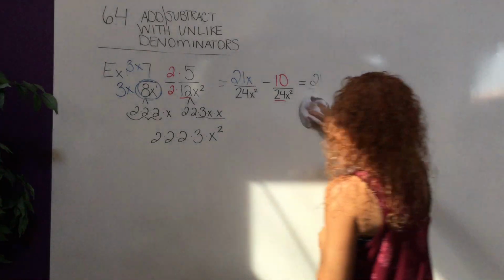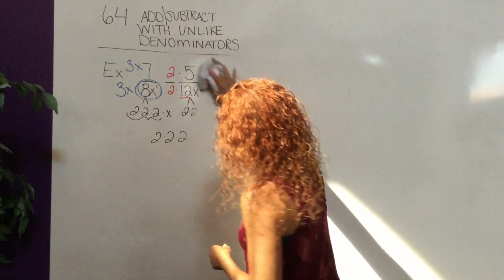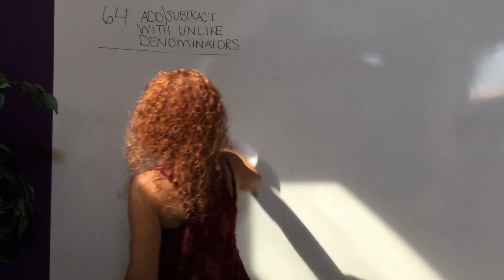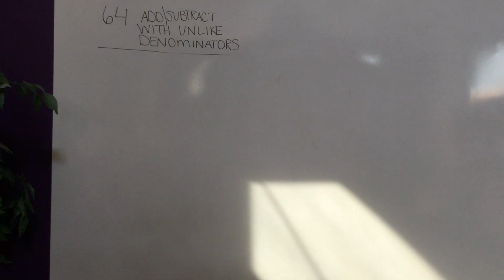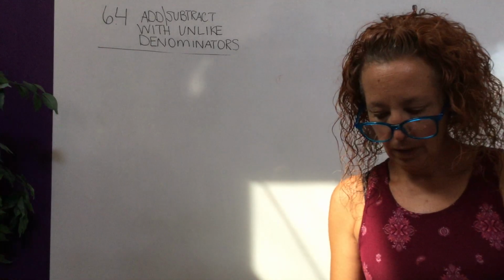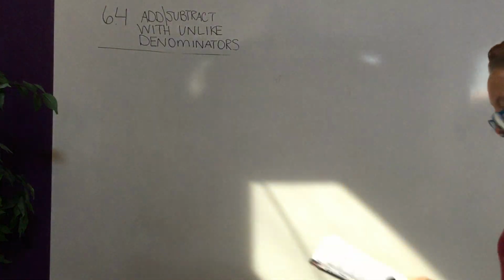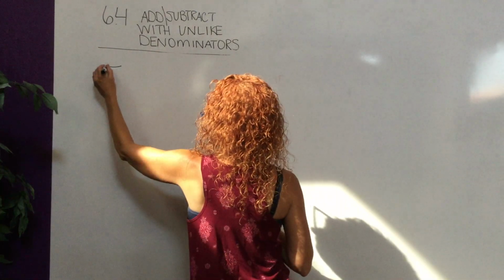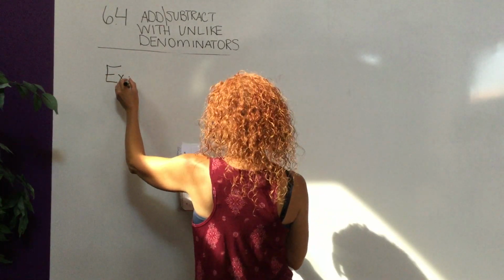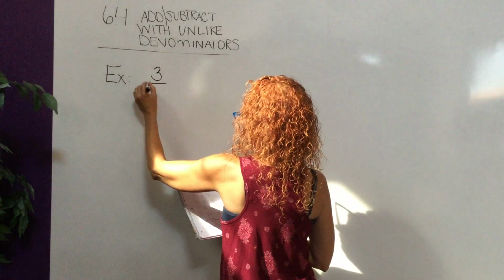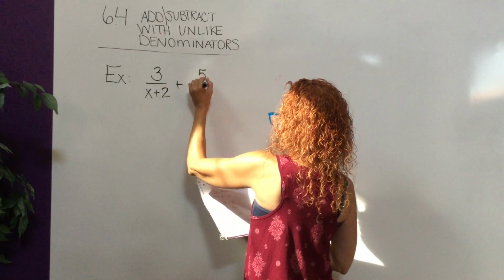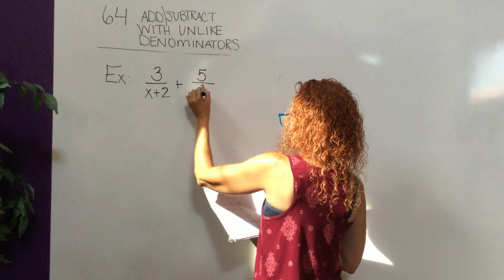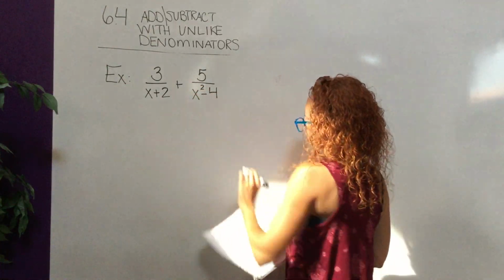Let's do it again, and I think we're at the point where we're going to start to factor just a little bit. So yes, indeed, at least one of our problems here. So we have 3 over x plus 2 plus 5 over x squared minus 4.